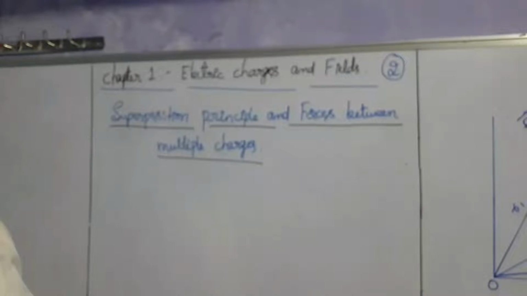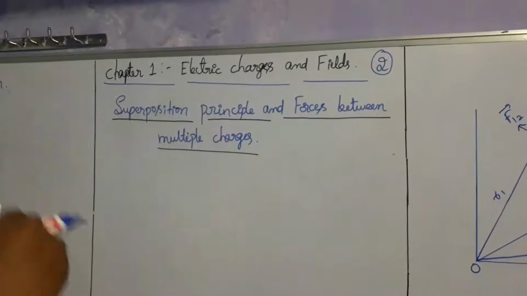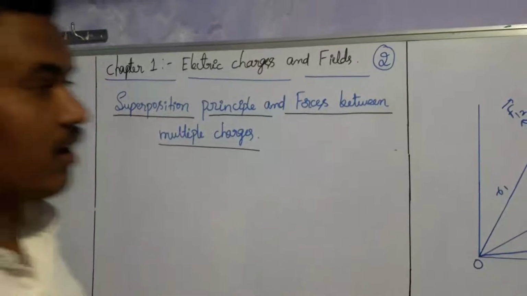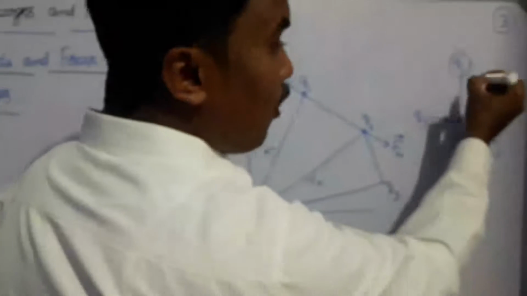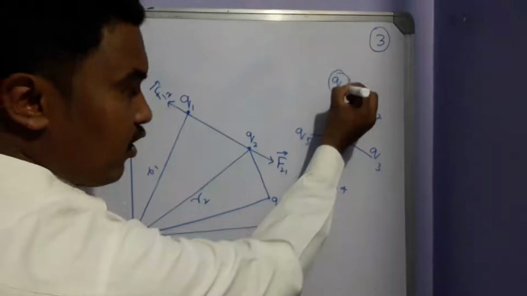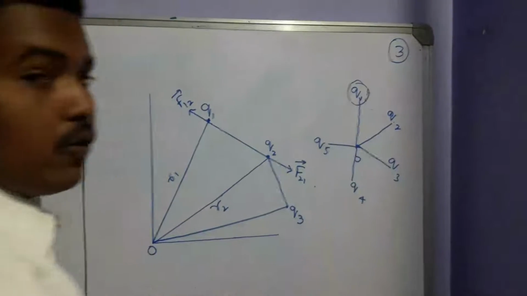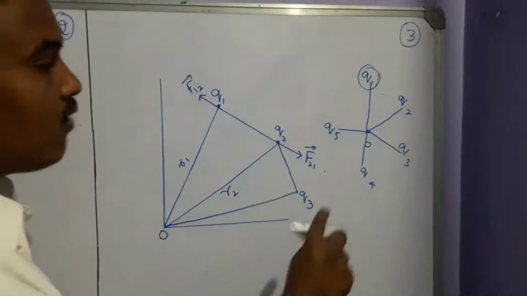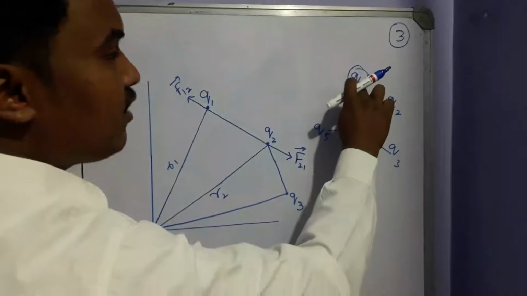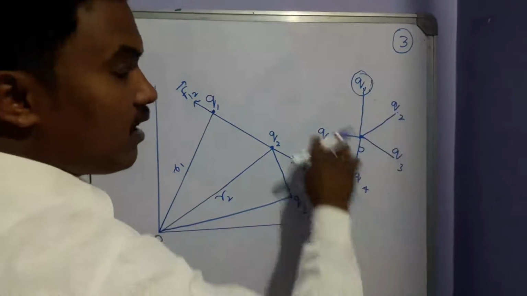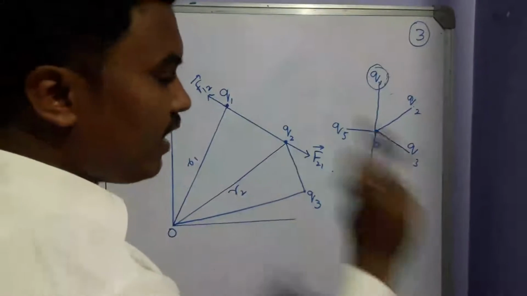What it says: in an isolated system, there are n number of charges present. It states that force acting on one charge due to all other charges will be equal to the algebraic sum of forces acting on Q1 due to all other charges taken one at a time.